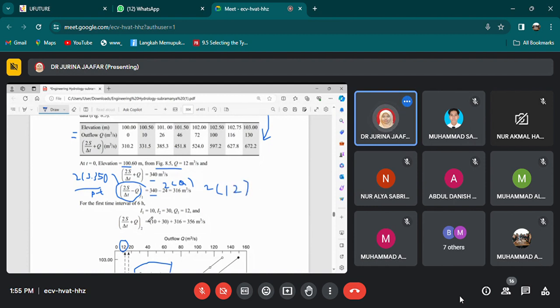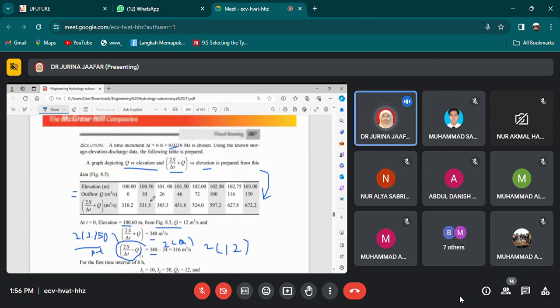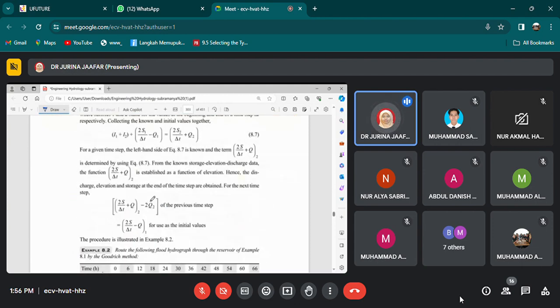So mana kita dapat untuk this 2S tolak delta T, iaitu kita kena tengok dekat ni lah, ni 2S tolak 2Q at the previous time step. Sini dia 2, Q 2. Okay.